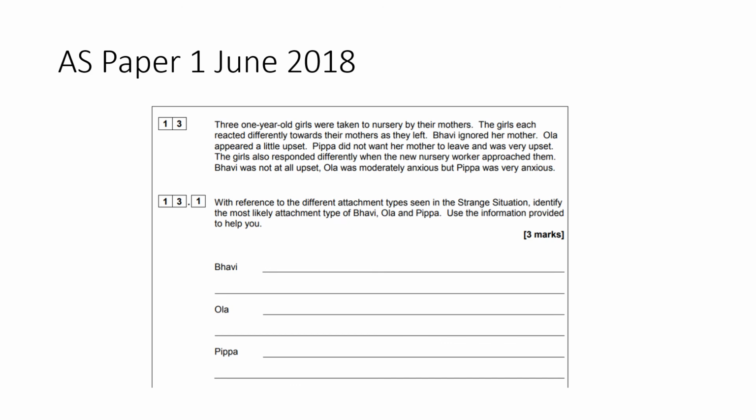But also when you look at later on, Pippa was very anxious. She can't have a secure attachment, so she must have an insecure resistant one there. And you've also got Bavi was not at all upset. In that instance, you would expect it to be insecure avoidant, and Ola was moderately anxious. So that's a secure attachment.